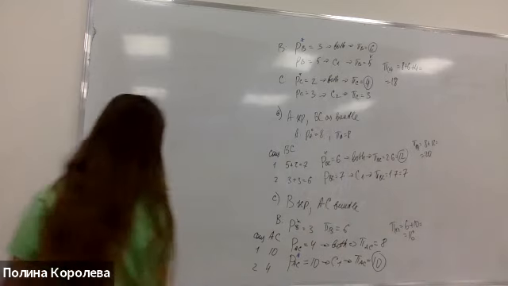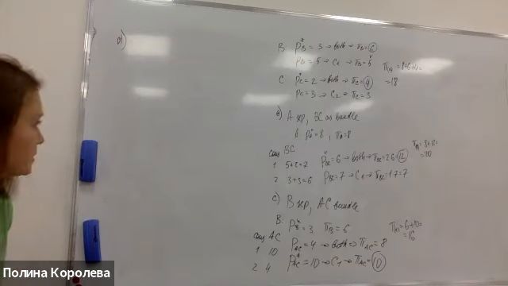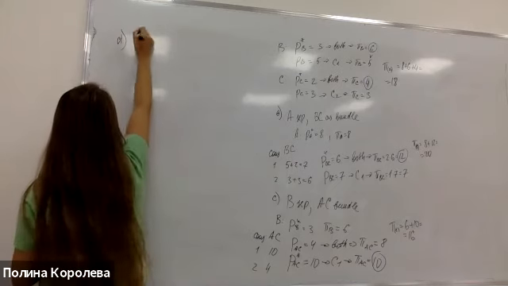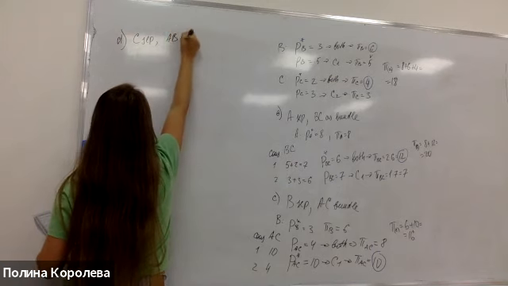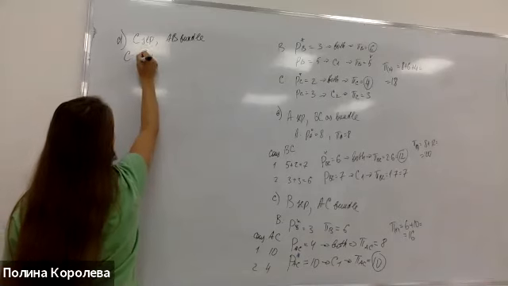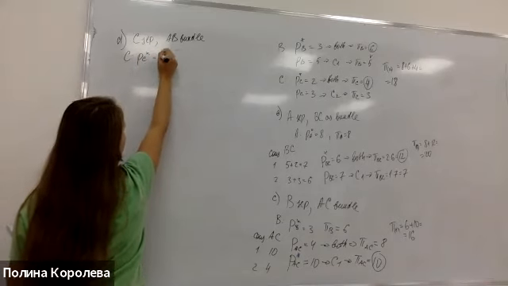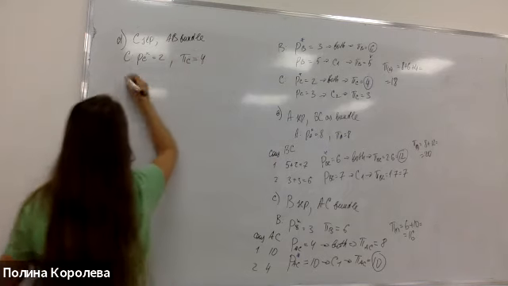Next, D. In point D, we sell C separately and AB as a bundle. Same steps. We see price 2 and profit from selling C separately 4.